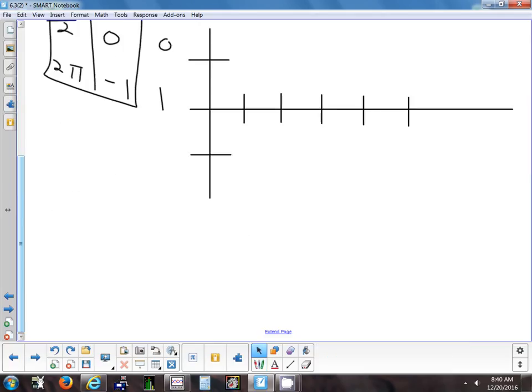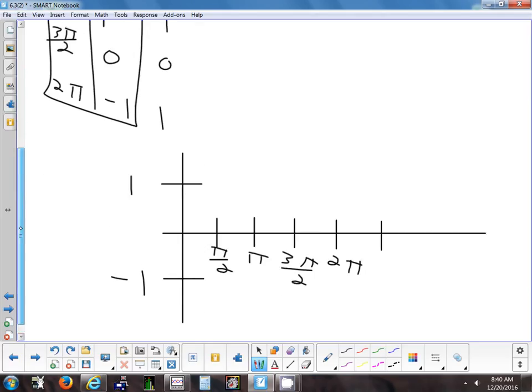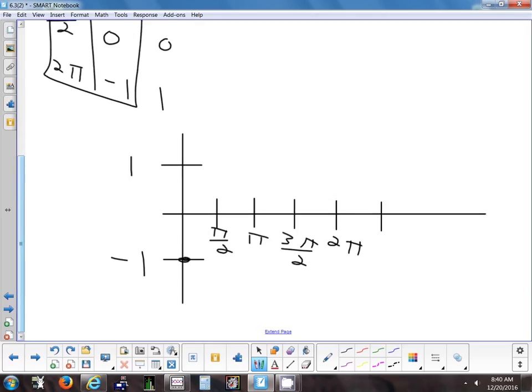All right, so let's graph that. Got 1, -1, pi over 2, pi, 3 pi over 2, 2 pi. Okay, so we're starting at -1, 0, 1, 0, -1. And keep going.